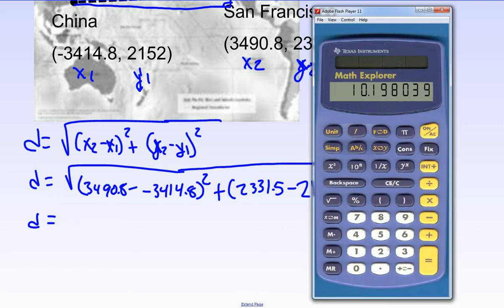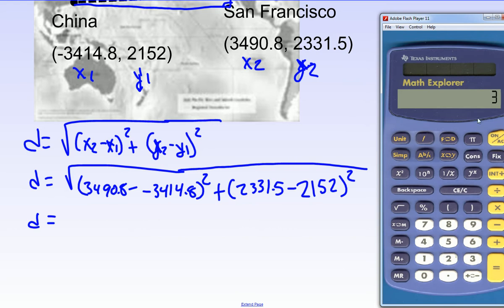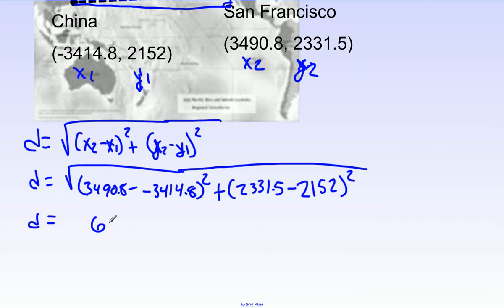Alright, so the calculator is going to make this next line quite a bit shorter. 3490.8 plus, because minus a negative is a plus, 3414.8 equals 6905.6. 6905.6 squared. So that is this value.